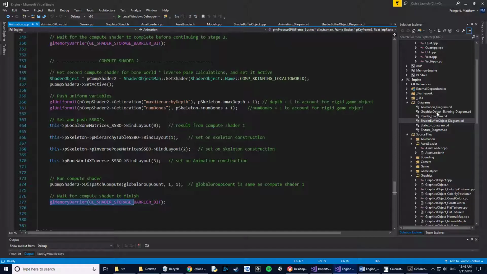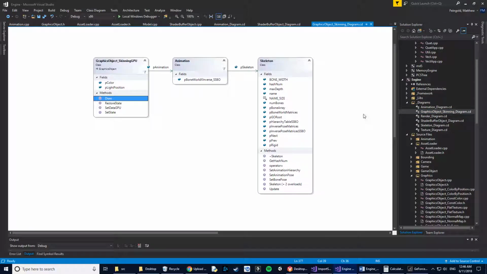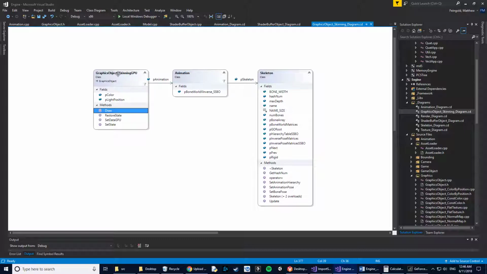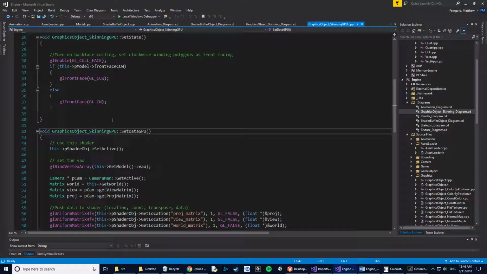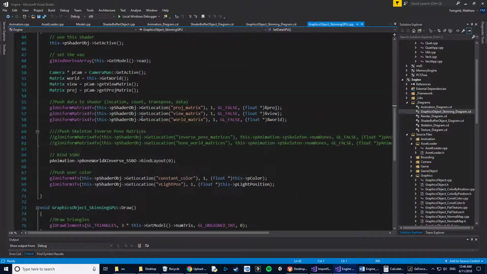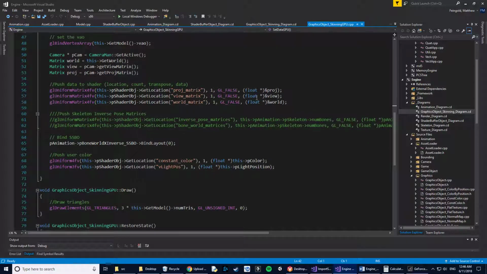In my graphics object, my graphics object skinning points to an animation object, and it will end up using this final result SSBO from compute shader stage 2 to do the skinning. So we can see if I go to here, where you do your usual set state stuff, I have the regular uniform buffering of the projection, view and world matrices.